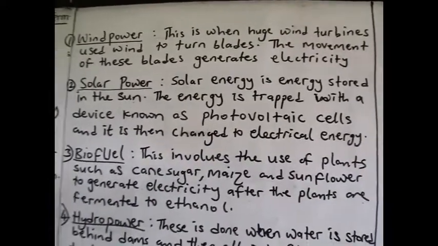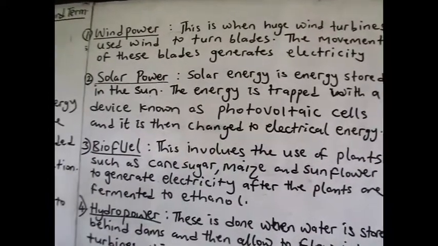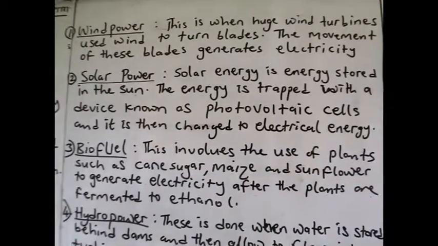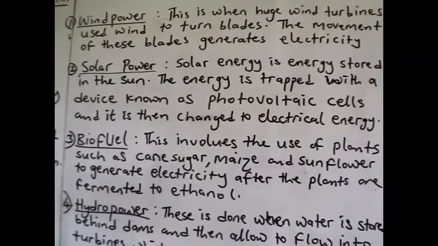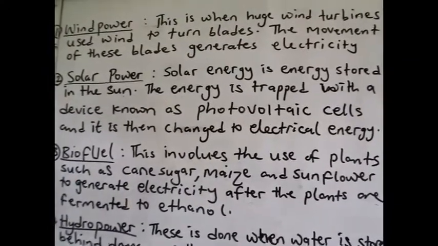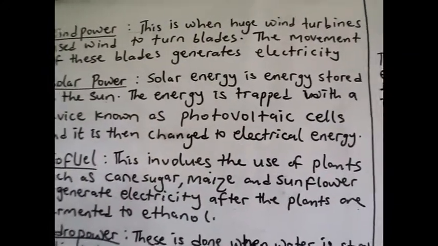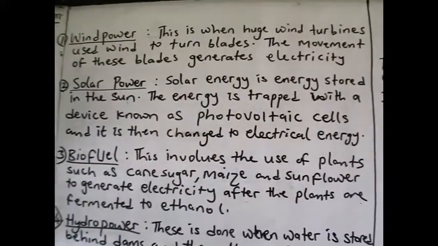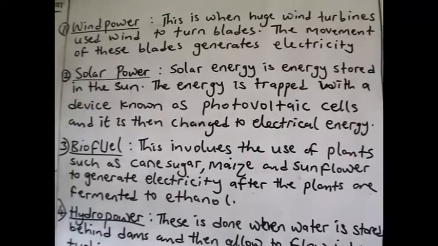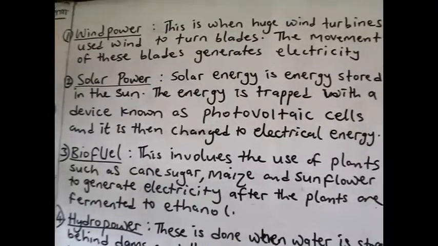Though it's an archaic mode of generating electricity, it's still in use in some countries where the wind is channeled to a turbine. As the blades of the turbine turn faster, energy is generated. So that is one of the sources of renewable energy.